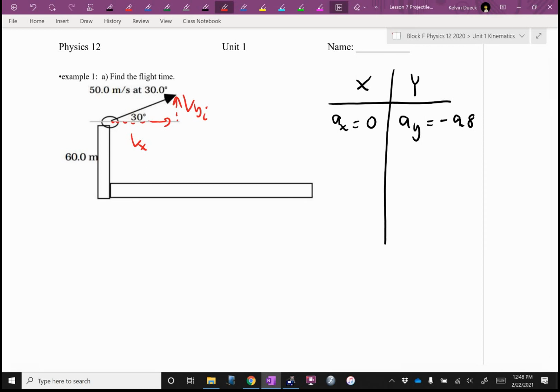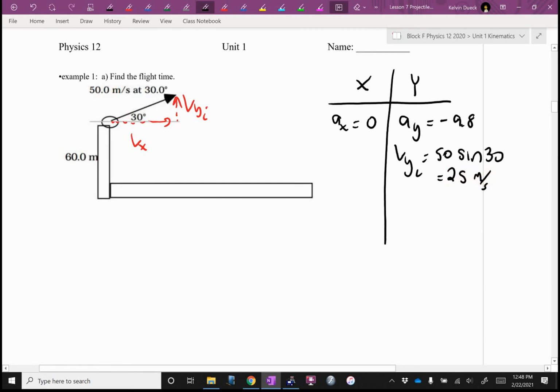Which trig function? Okay. So Vy initial is going to be 50 sine 30. Double check me. I think that works out dead even to 25, because I think sine of 30 is 0.5. Does it? Yes?